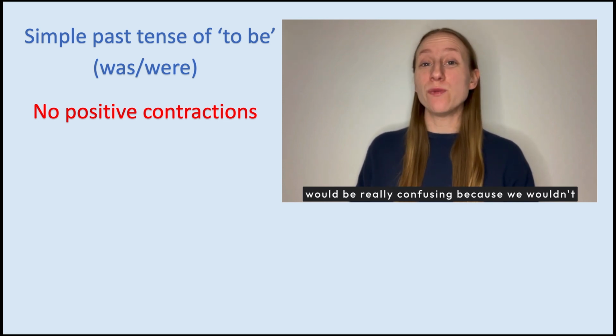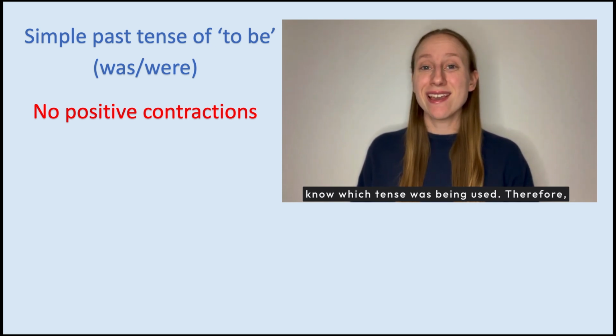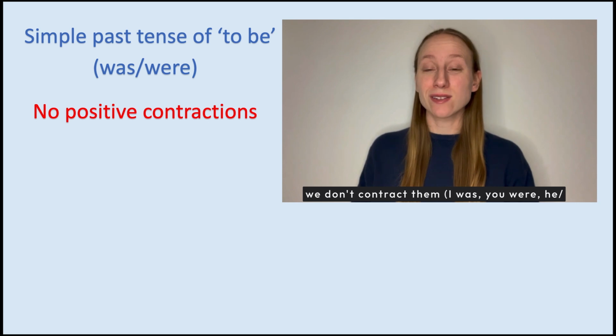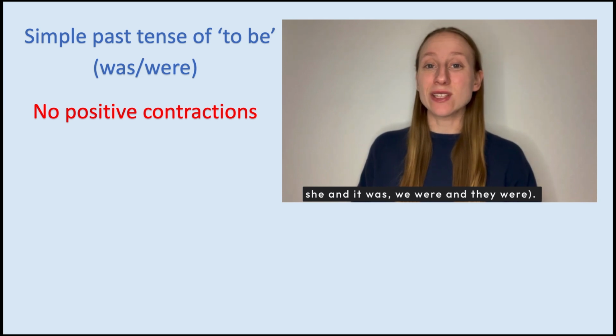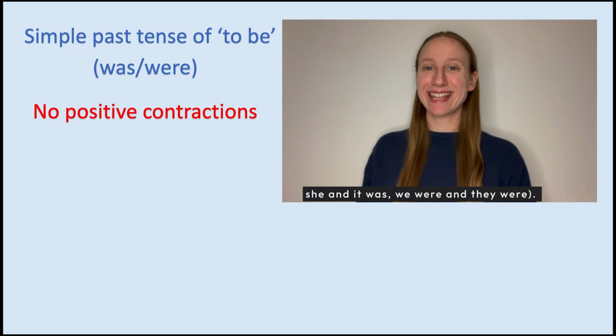This would be really confusing because we wouldn't know which tense was being used. Therefore, we don't contract them. I was, you were, he, she, and it was, we were, and they were.